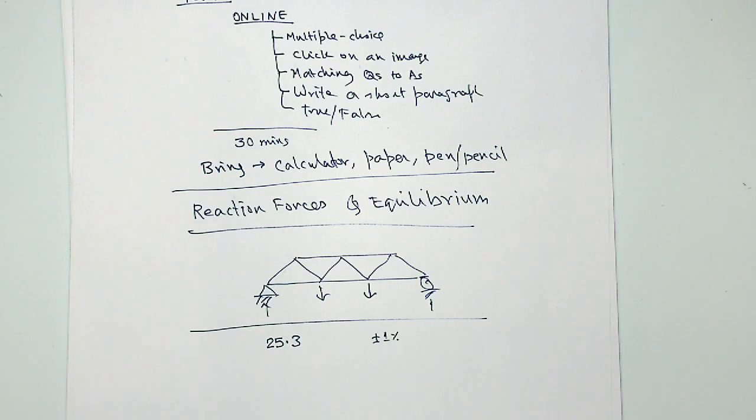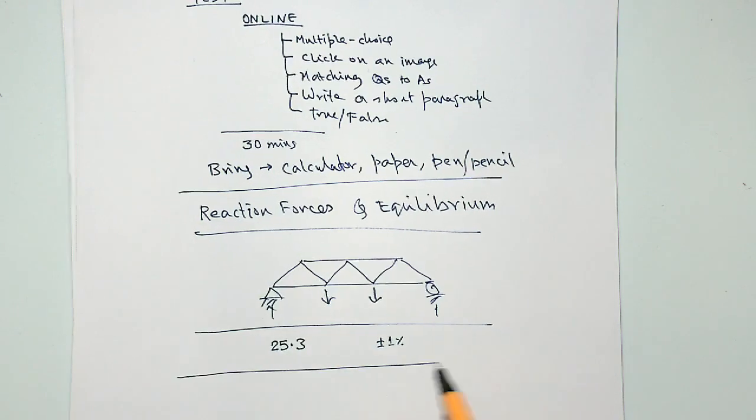If you do, you may have to redo it with a new set of questions, which is not pleasing. There is no other way I could combine the two things. I have to either give you a new choice or take the old one. So that is regarding the test.